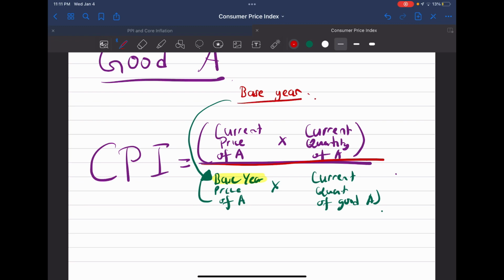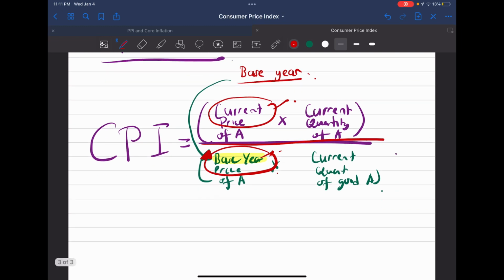We are looking at the current price relative to the price in that year, using a constant set of prices. We want to see how different the current price is from the price in the base year. If you want more detail about what a base year is, visit the video about the GDP deflator, real GDP and nominal GDP. That will enlighten you. But now, back to the CPI.